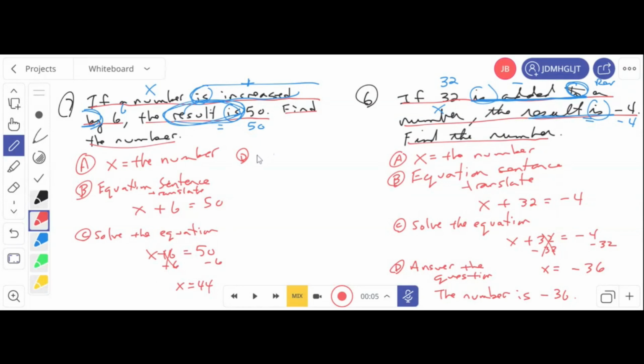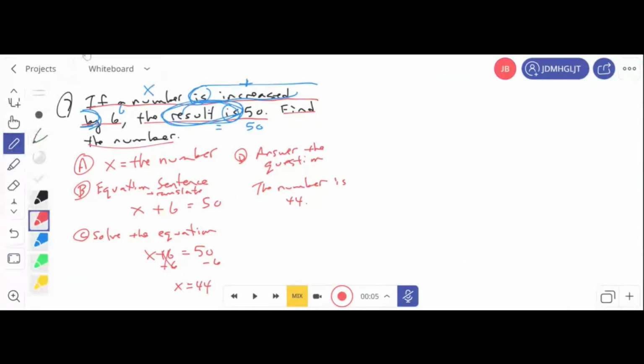Then we answer the question. So we get the number is 44. All right, let's look at the next one.